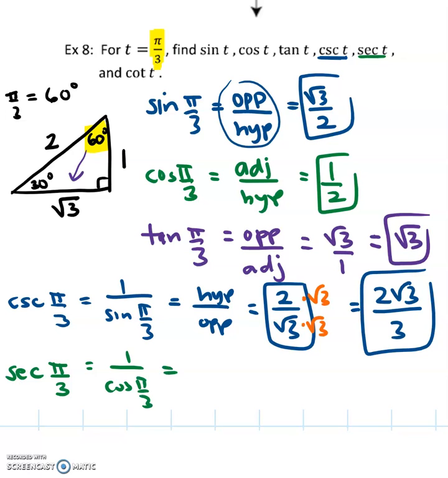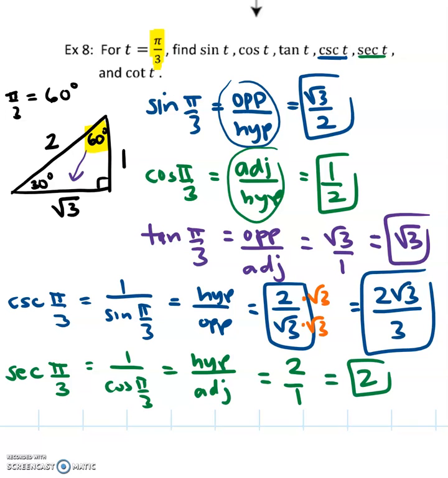If we're using reciprocal identities, instead of cosine, which is adjacent over hypotenuse, we'll write the hypotenuse on top and the adjacent on the bottom. So if we are looking at 1 over 2 for cosine of pi over 3, for secant of pi over 3, it would be 2 over 1. And of course, if you'd like to reduce, that leaves us with just a 2.